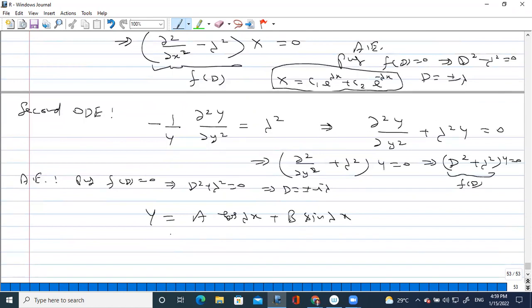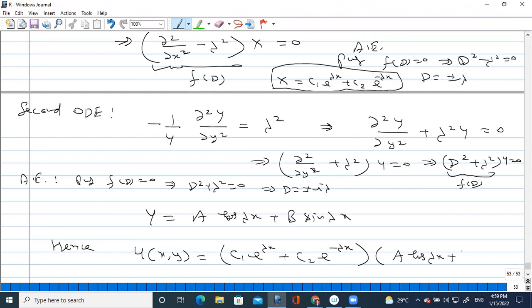So X also you find out, Y also you find out, hence u(x,y) will be (C1 e to the power lambda x plus C2 e to the power minus lambda x) into (A cos lambda y plus B sin lambda y).